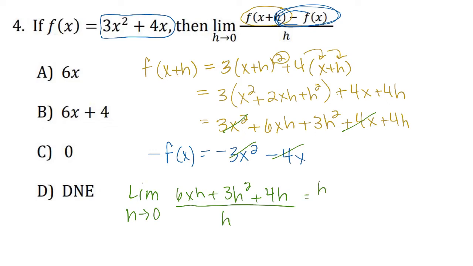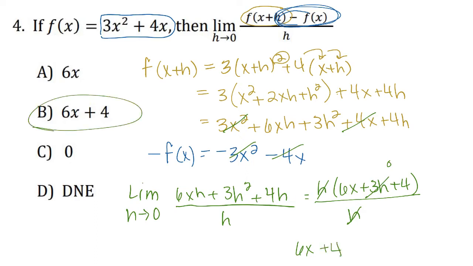We do have that GCF of an h, and most of the time that should happen all over h. And now when we apply our limit, notice we're going to have 6x, that's going to go out to 0, plus 4. So that's going to give us answer choice B.